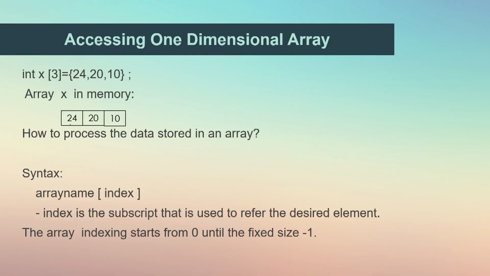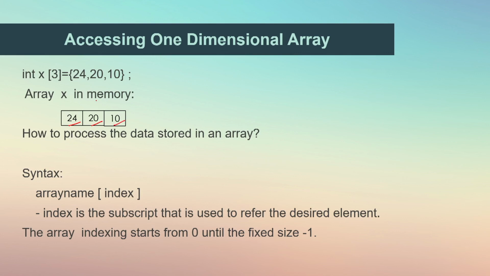Then, how do we access an element in a one dimensional array? As we have seen in the previous example, if it holds 3 integer elements, they are stored in contiguous memory locations, as per the example 24, 20 and 10. How do we access a particular element?